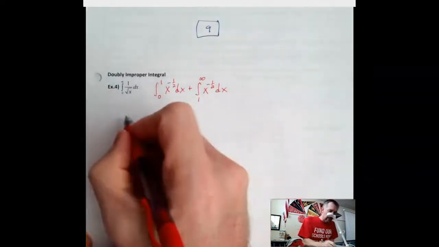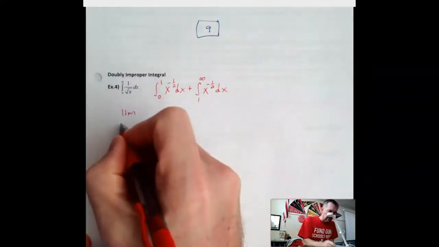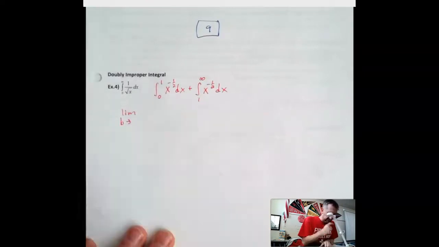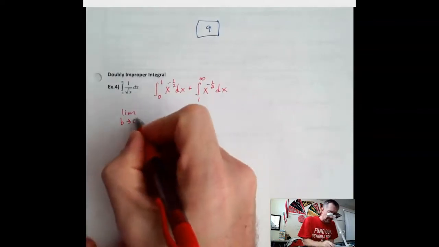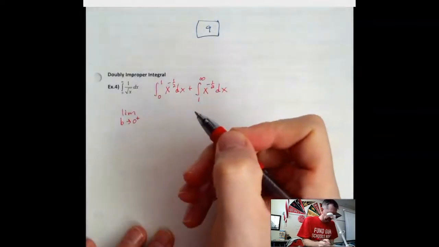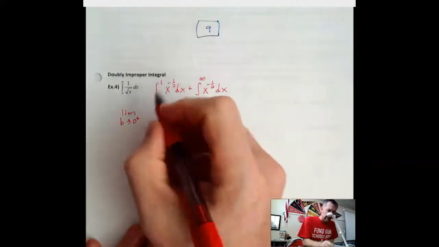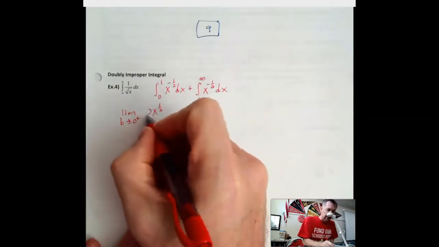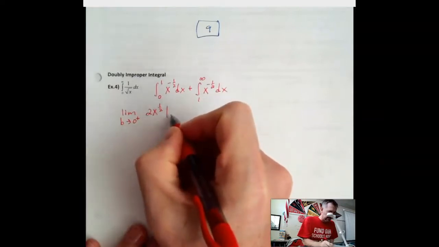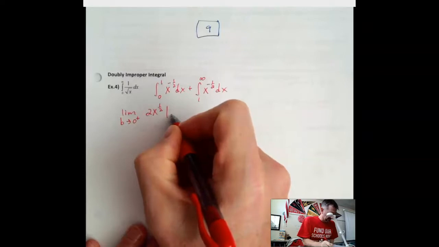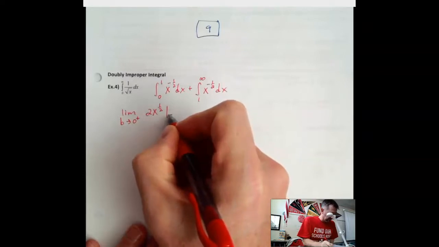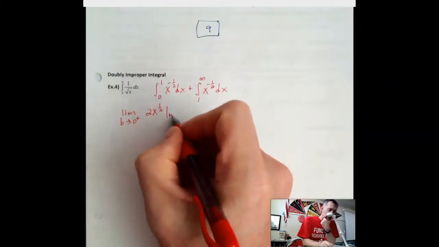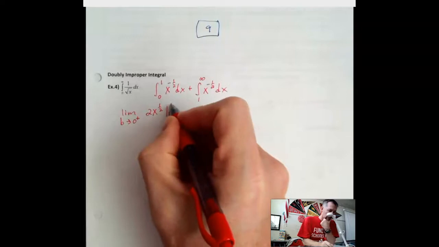Okay, so on this side, I take the limit as b approaches 0 from the right, and I'm going to go ahead and integrate that right now. So add 1 to the exponent, that's going to be x to the 1/2 divided by 1/2 or multiplied by 2. And then that's going to go from b to 1.